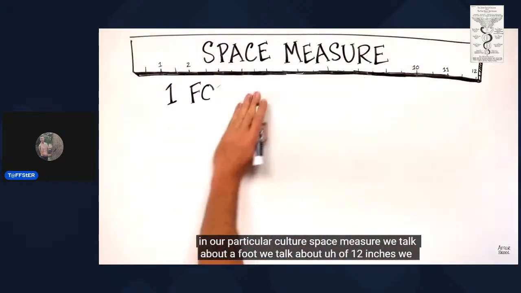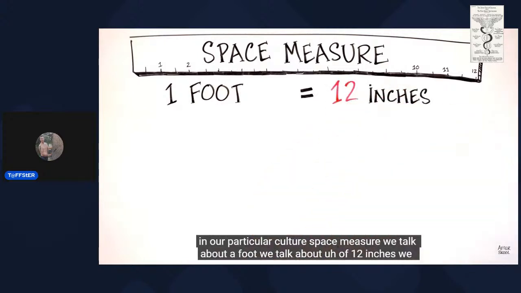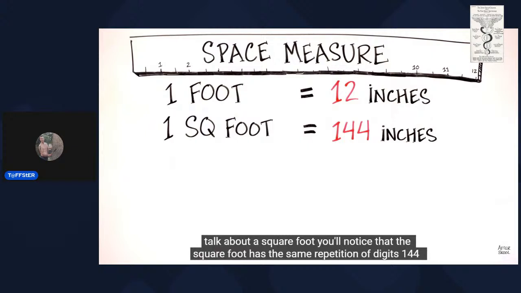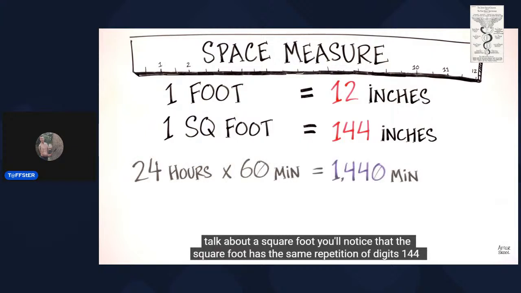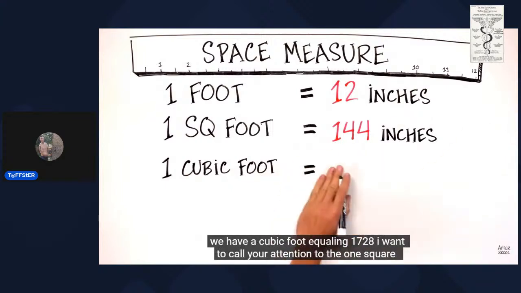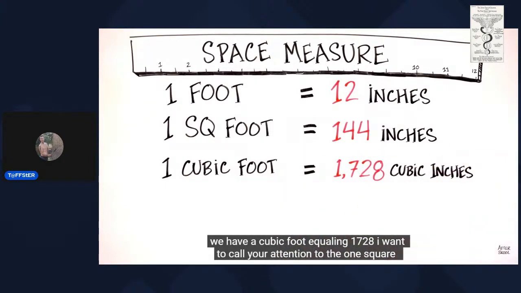Space measure: we talk about a foot, we talk about 12 inches, we talk about a square foot. And you'll notice that the square foot has the same repetition of digits, 144, as the 24 hours does. All we do is tack a zero on that, and we have the number of minutes in a day. We have a cubic foot equaling 1,728.